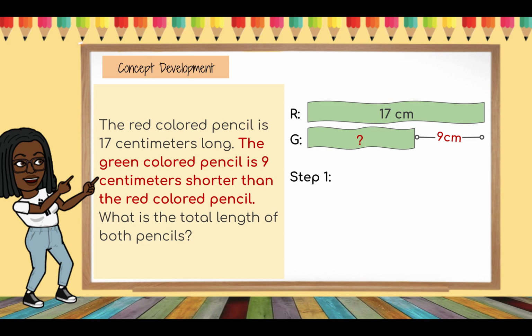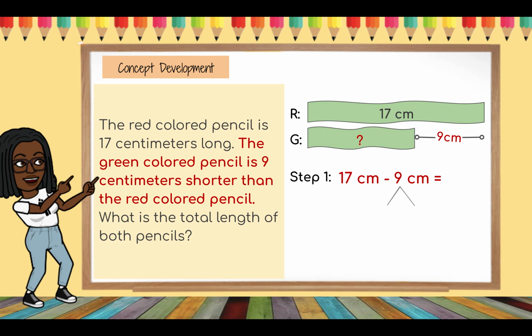So step 1 of our problem is trying to figure out how long was the green colored pencil. In order to do that, we have to take 17 centimeters and subtract 9 centimeters to find our answer. Remember, the green colored pencil was 9 centimeters shorter than the red one. So we are going to subtract because we know that the green colored pencil is smaller, right? So we need a smaller number.